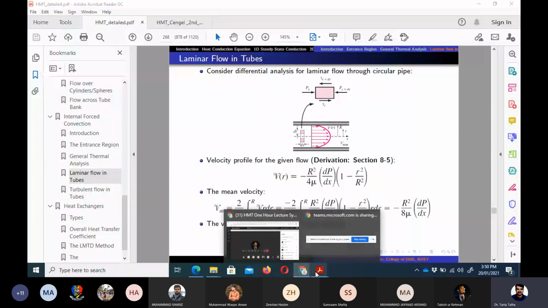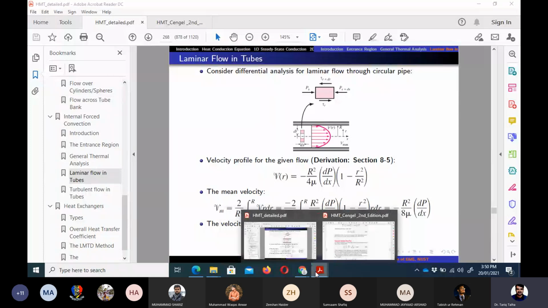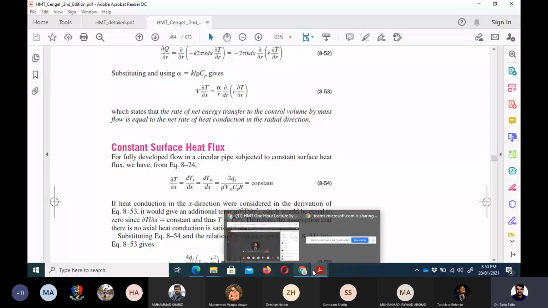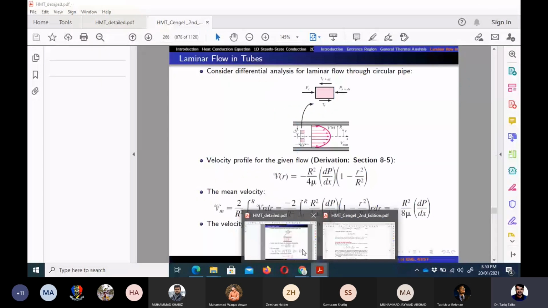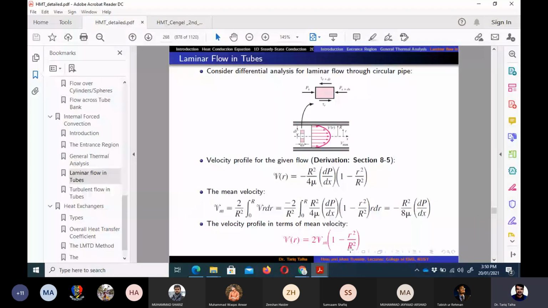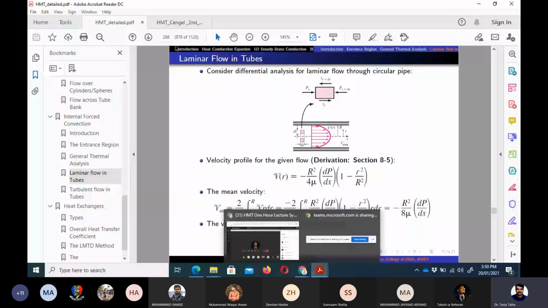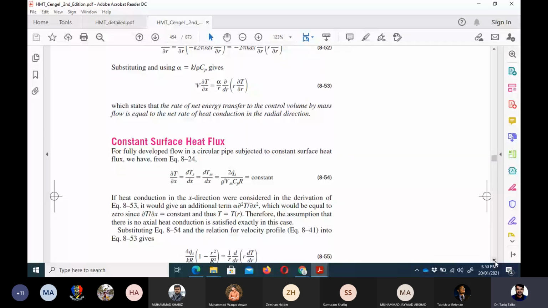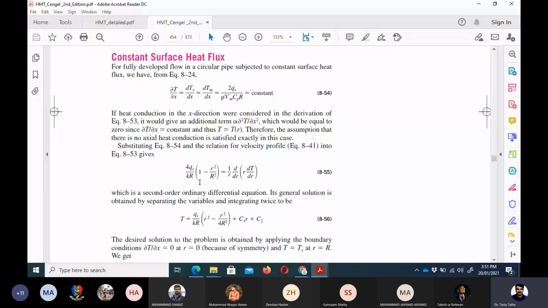So if we put these two relations in equation 8-53, instead of Vr we put 2Vm into 1 minus r square upon capital R square, and instead of partial T by partial x, we put 2 q dot s upon rho Vm cp into R. If we do that, the left hand side is written in terms of q dot s and this term.